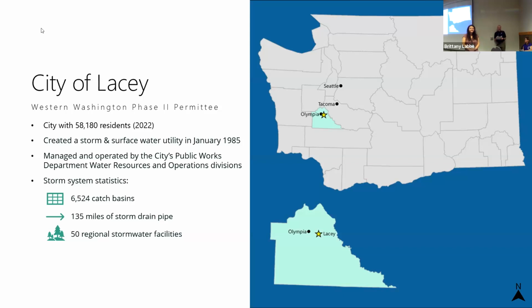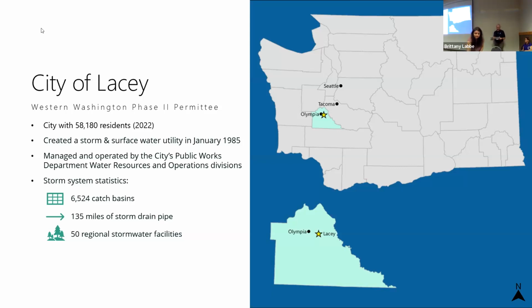And when the phase 2 permit came into effect in 2007, we had pretty well established stormwater programs already and just needed a little bit of adjusting for compliance with the permit. Our public works staff is about 10 people full-time in stormwater. And our storm system has now over 6,500 catch basins, 135 miles of pipe, and 50 locations where we have stormwater regional facilities.